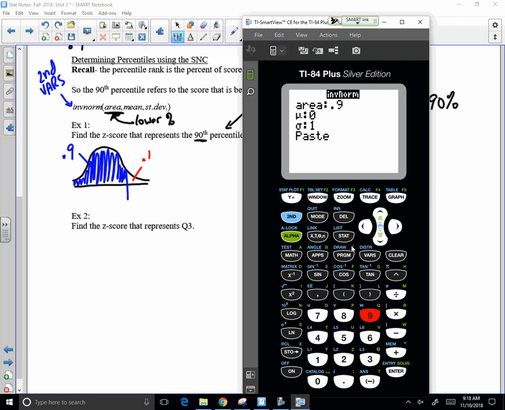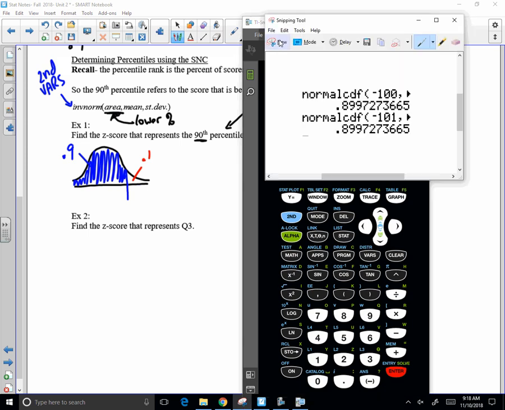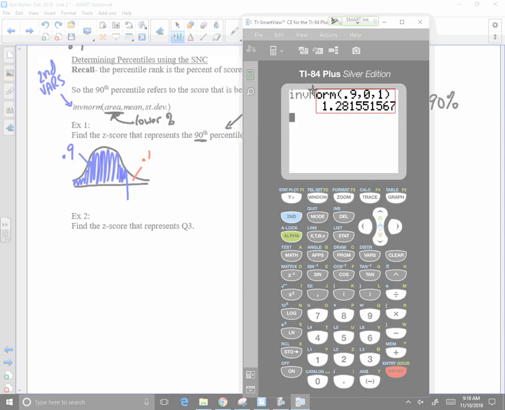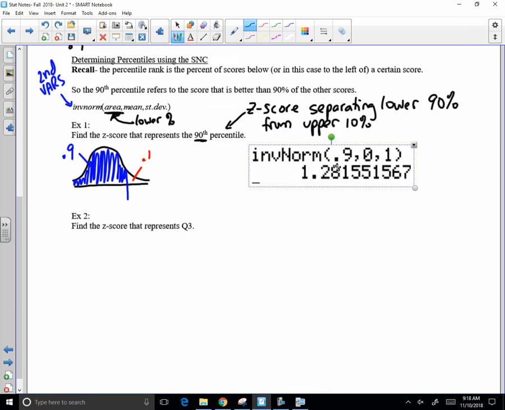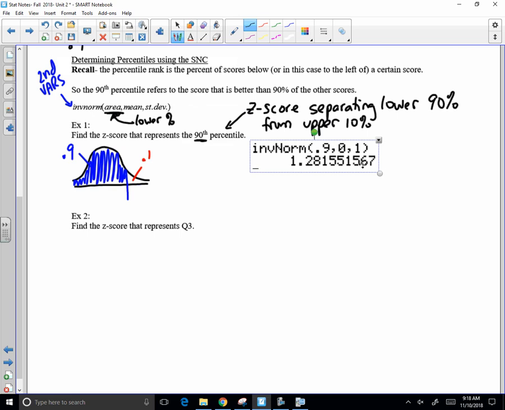So go to paste, and you get 1.28. So Z is 1.282, I'll go with.